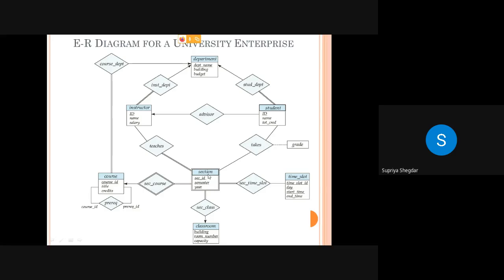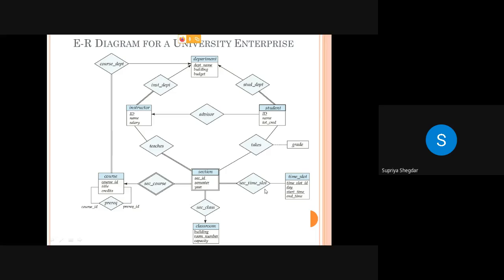Then here the section entity set is there, and we know that the section entity is the weak entity set, so it is represented by a double rectangle. Then with the section entity, again the classroom entity is there, then the course entity is there, and the time slot entity is there. Okay, and the relationships between every entity.